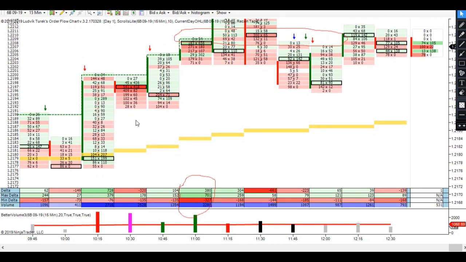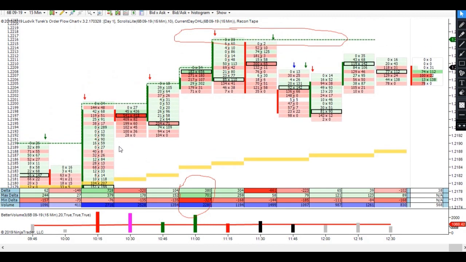After the VWAP was broken, we saw sellers trying to plunge the market, but we get a good sequential decline, and then the market just continues to go upwards.